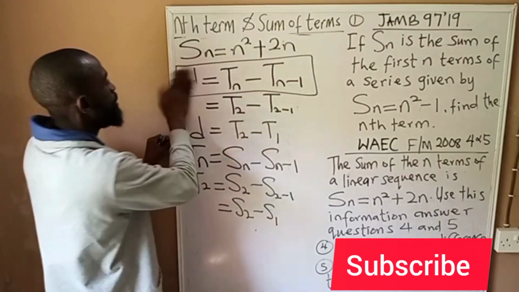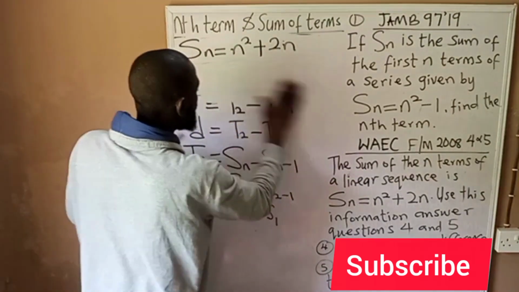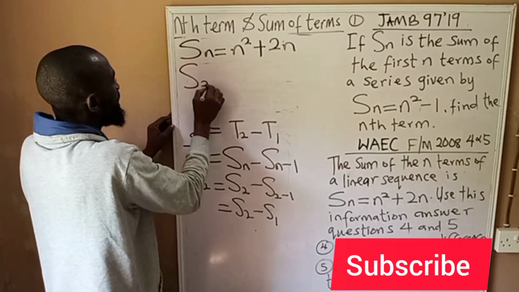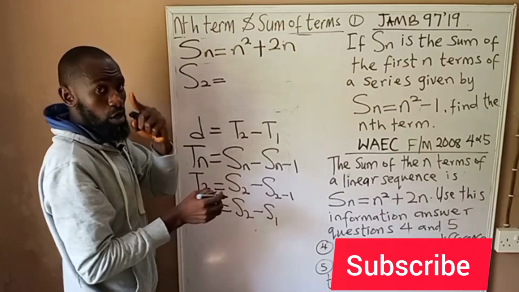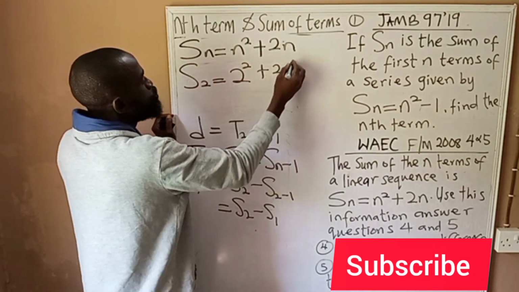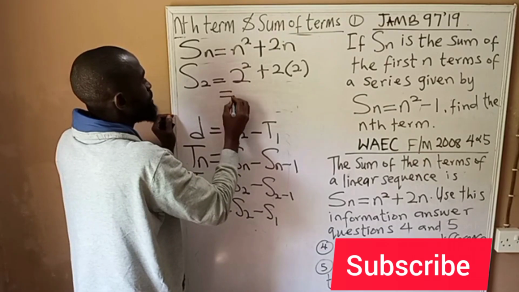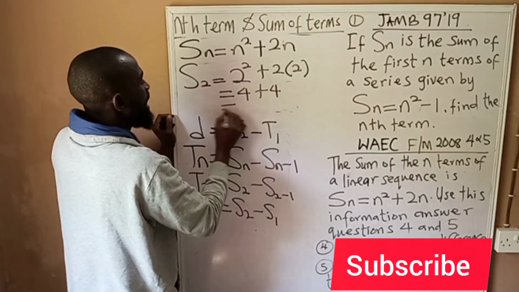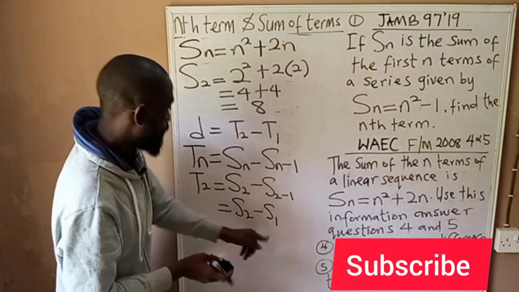So what is S2? Here n is 2, so anywhere I see n, I put 2. This becomes 2 raised to power 2 plus 2 bracket 2, which is 4 plus 2 times 2, which is 4. So our S2 is 8. We need S1.